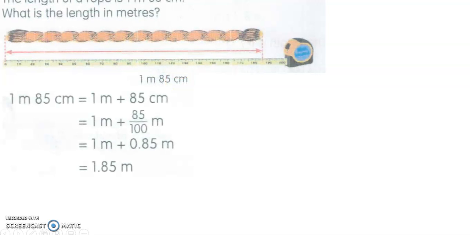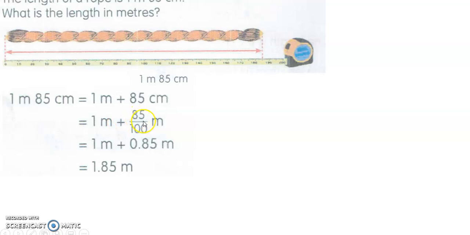So we say that 1 meter 85 centimeters equals 1 meter plus 85 centimeters. Now I want all the units to be in meters instead of both meters and centimeters. So I'm going to convert the centimeters into meters, and I will do that by dividing 85 by 100, because as we said, 85 centimeters means 85 parts out of 100 parts, because 1 meter equals 100 centimeters.